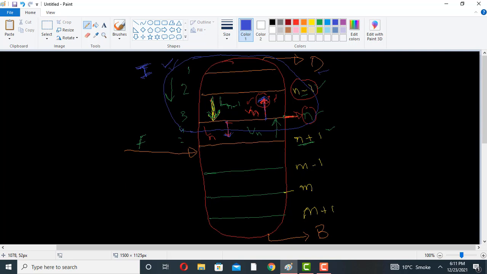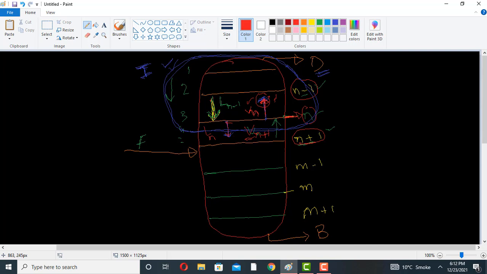If the distillate D is coming out from this envelope, and L is coming out, but Vn is entering. This is not Vn, but Vn plus 1. The vapor coming from plate number N plus 1 will be denoted by Vn plus 1.